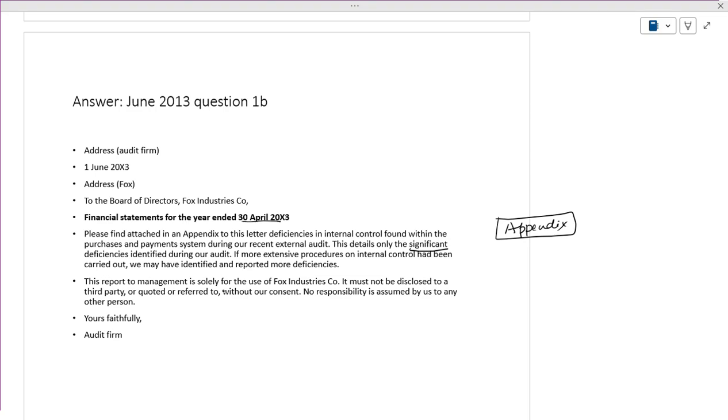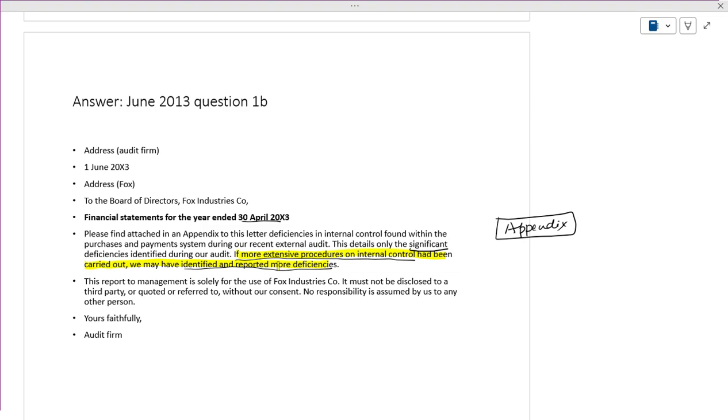During our audit, you have to write that if more extensive procedures on control had been carried out, we may identify more deficiencies. That means we are playing very safe. We are saying that we are just working with the basics. Automatically, this is standard.